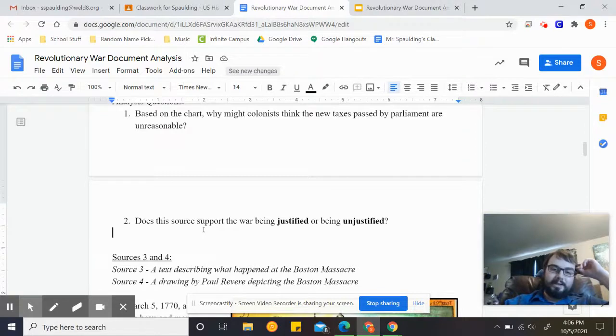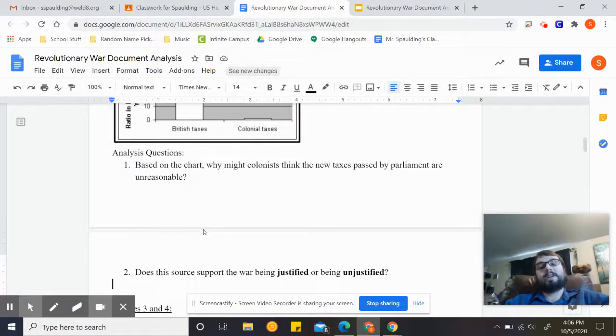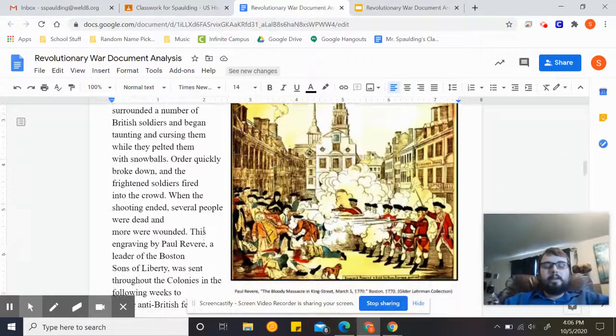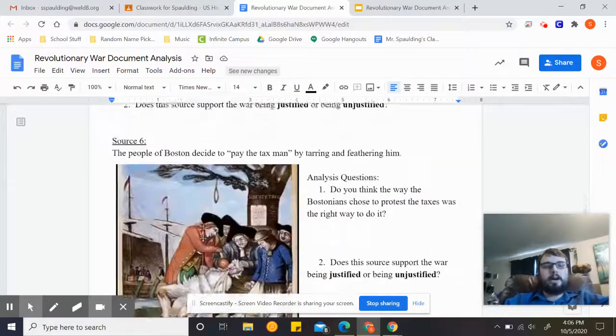I would definitely say this supports the Revolutionary War being justified. They're showing how crazy the British taxes were, and that's why they decided they needed to fight, because the taxes were unreasonable. That would be a source that justifies the war, just like the previous one was a source that said the war was unjustified.